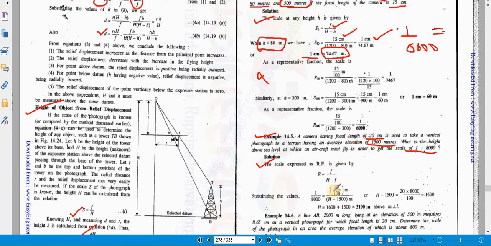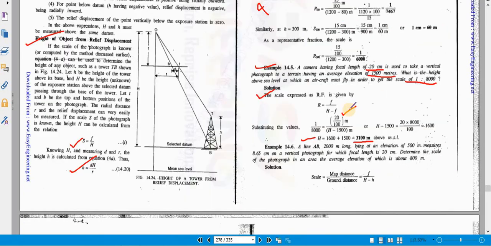The condition for this is that you are trying to calculate the height, so you will have to convert this into meter. So 20 by 100 into your capital H is required minus the h value. The h value is 1500 meter. So the final value of H is coming out to be 3100 meter above the mean sea level.